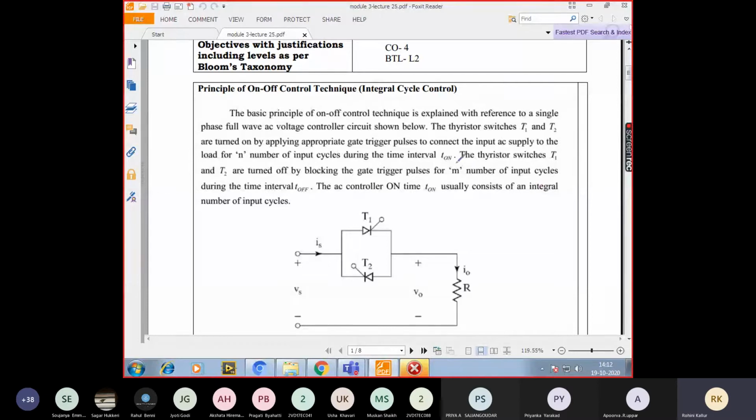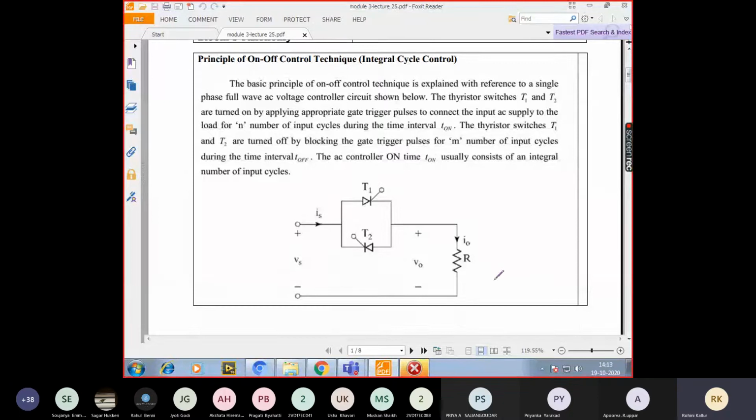So we keep the device on for n cycles and off for some m cycles. So my duty ratio will be the on cycle divided by the total time period, that is n divided by n plus m. Correct?